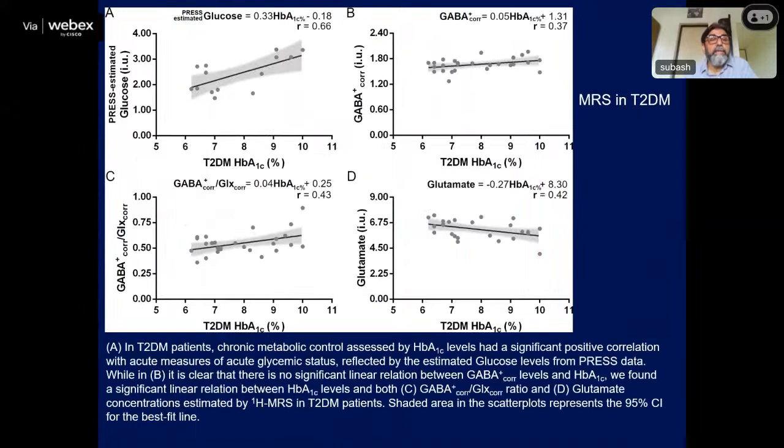Then you can also show correlation graphs of HbA1c versus glucose concentration. You can see there's a very high correlation between the two, because when glucose levels are high in the brain or in the blood, you expect HbA1c to be higher. So there's a linear, positive correlation between the two parameters. You also see the GABA/GLX ratio showing a positive correlation with HbA1c. That means when the patient is severely diabetic, the GABA values also increase accordingly.